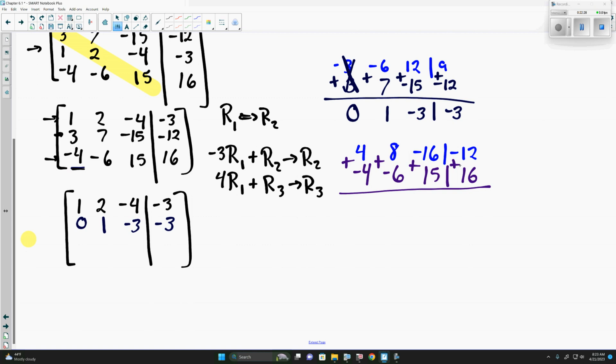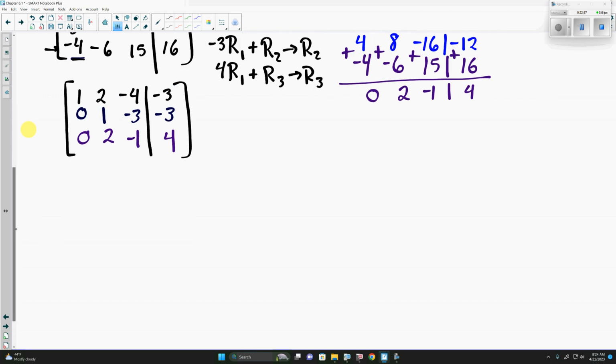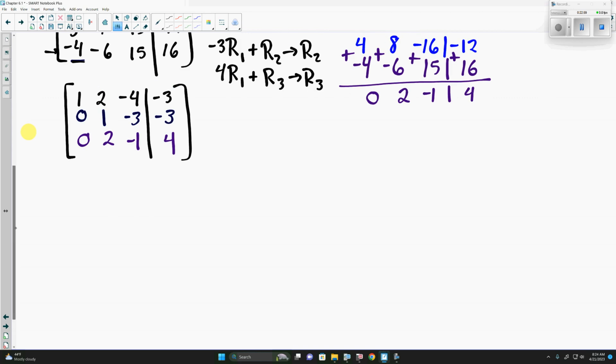Negative 4 plus 4 is 0, just like we wanted. 8 plus negative 6 is 2. Negative 16 plus 15 is negative 1. And lastly, negative 12 plus 16 is 4. Any questions on how we got to this point here?